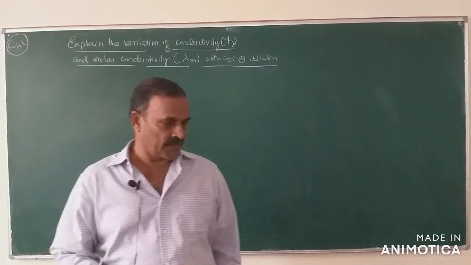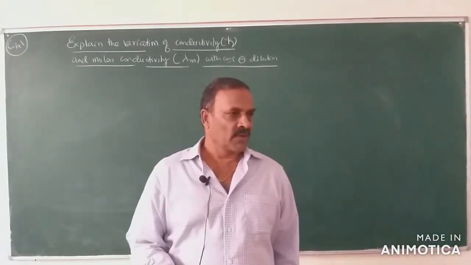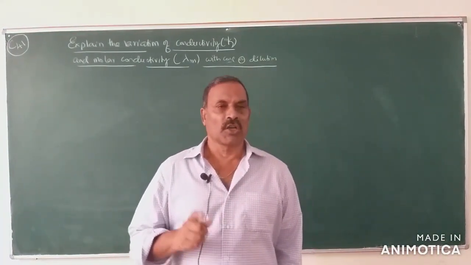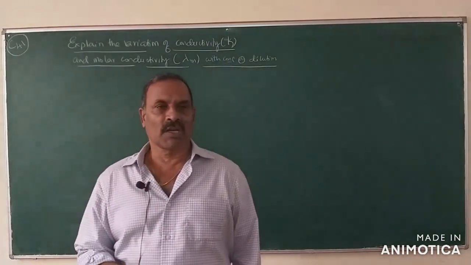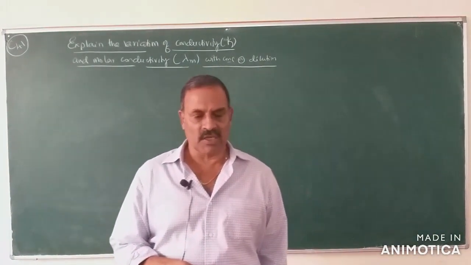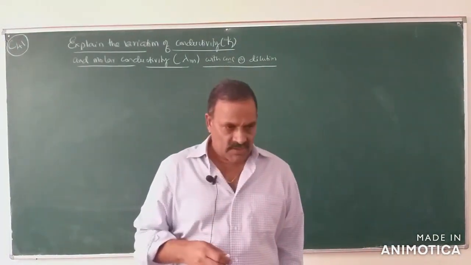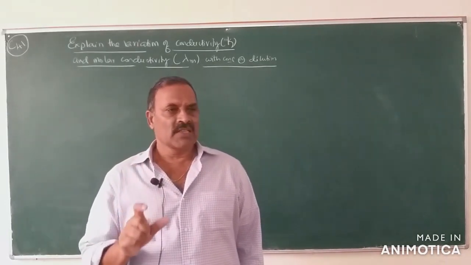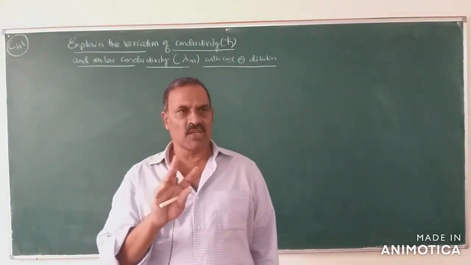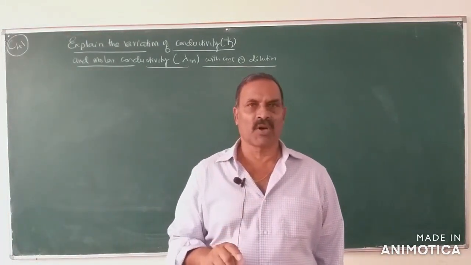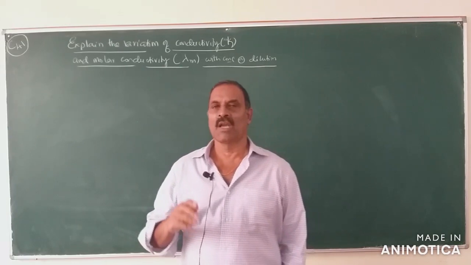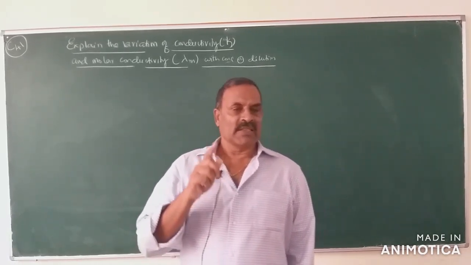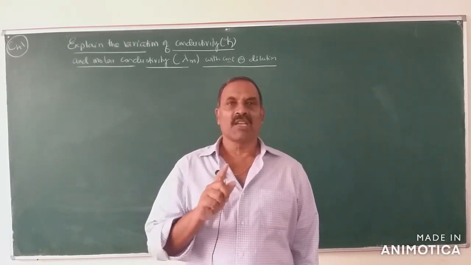So dear students, yesterday we have studied what is specific conductance or conductivity and molar conductance of electrolytic solutions. So what is conductivity or specific conductance? It is the conductance of solution placed between two electrodes of 1 meter apart and having an area of cross section 1 meter square. It is also defined as the conductivity of 1 meter cube of solution.